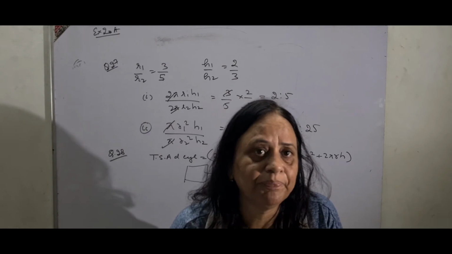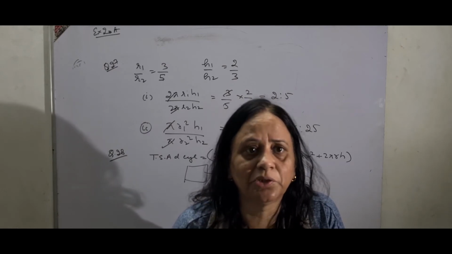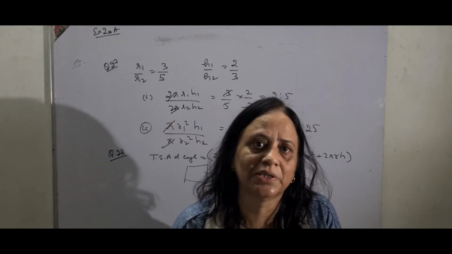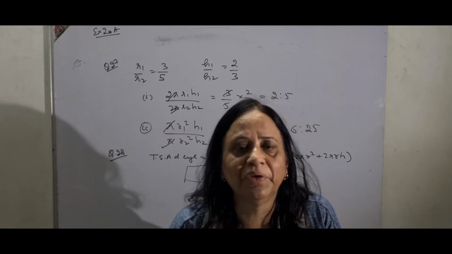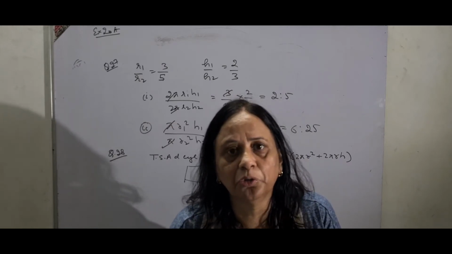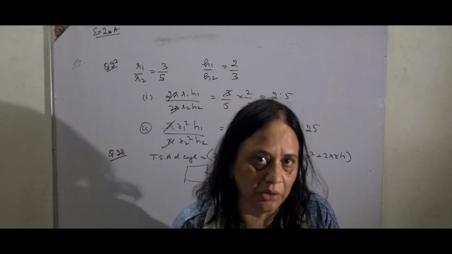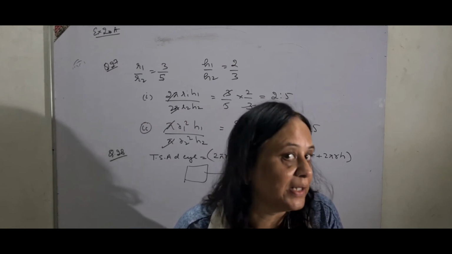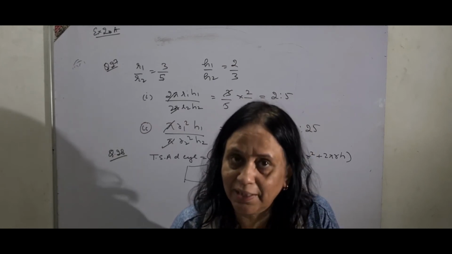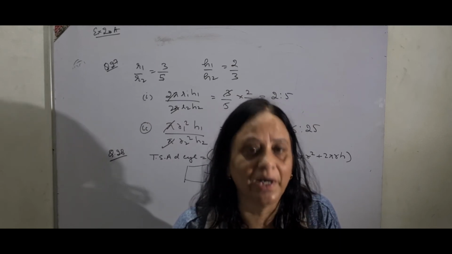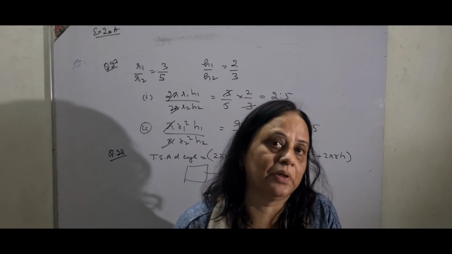Since for the iron sheet they have not mentioned any length or breadth, you don't have to take the area of the iron sheet, just write the total surface area. Then only you can calculate, and please don't forget the units. So I hope you have understood the basic concept of the cylinder.